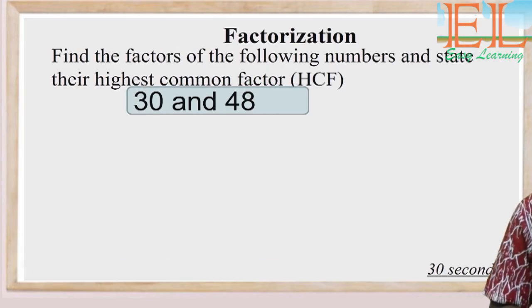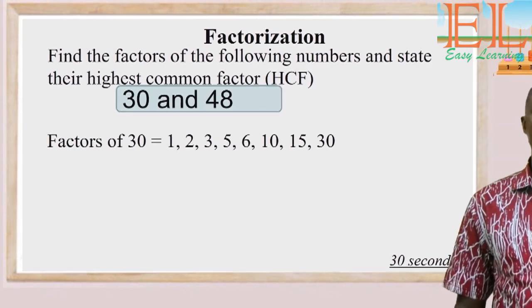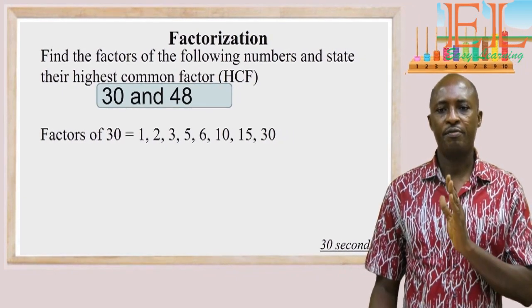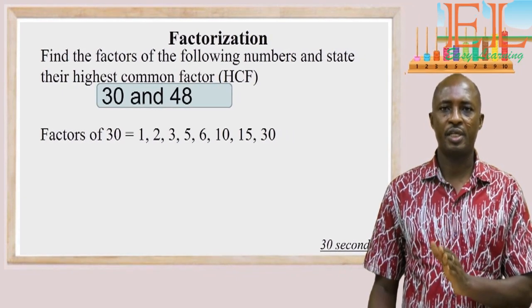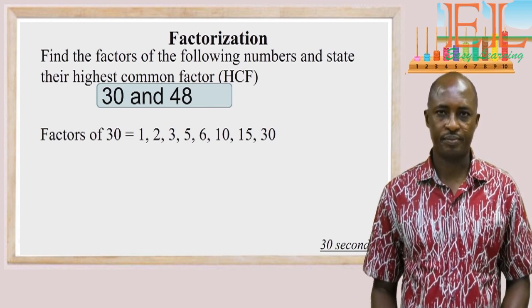Now let's compare your results to mine. The factors of 30 are 1, 2, 3, 5, 6, 10, 15, and 30.